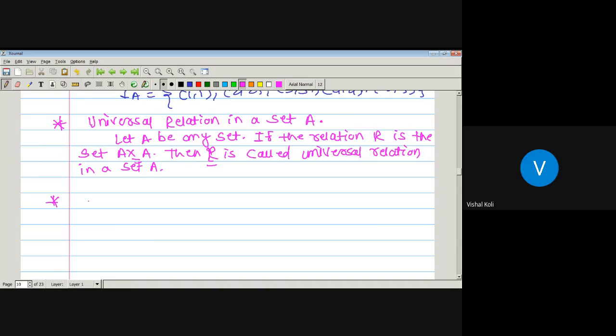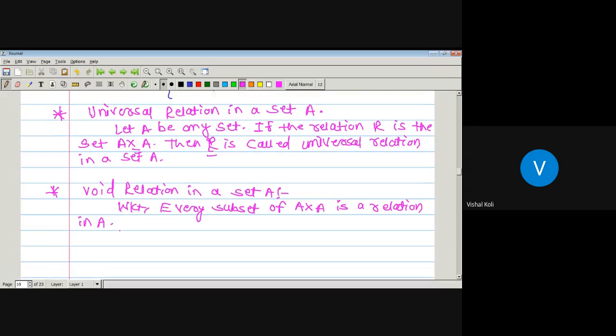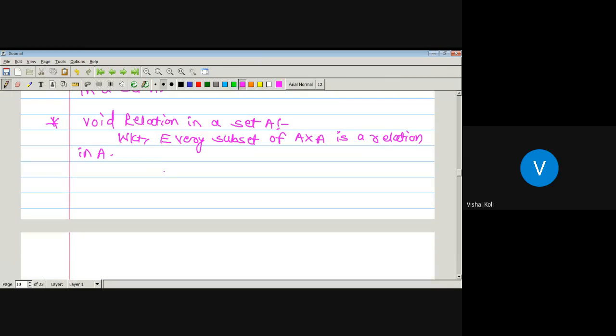Similarly, what is a void relation in a set A? As we know, every subset of A cross A is a relation in set A. And again we know that phi is a subset of every set.